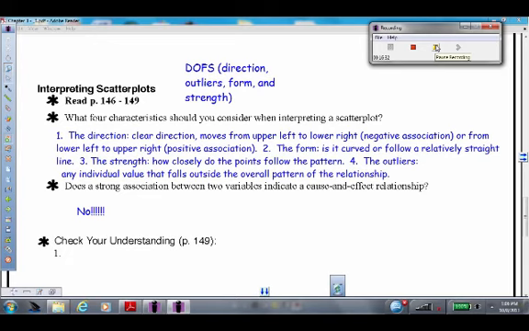In the months with higher ice cream sales, there are also higher numbers of drowning deaths. No. This does not indicate a cause and effect relationship. So just because you see a strong association between two variables, it does not indicate cause and effect.